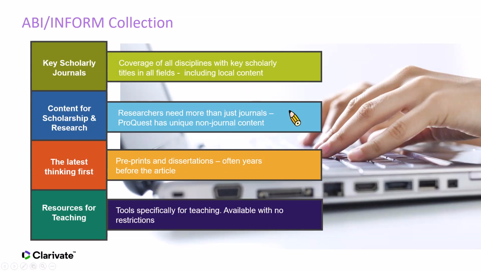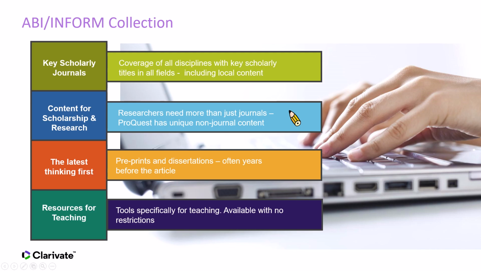This collection contains not just scholarly journals, because when most people do research, the first thing that comes into their minds is journal articles. We have a lot of journal articles in this collection, but we offer you more than just scholarly journals.